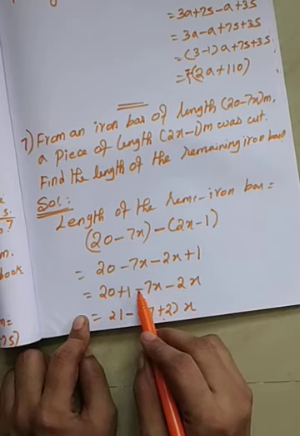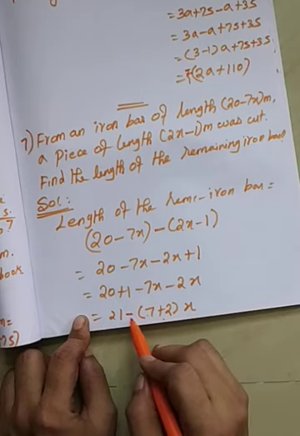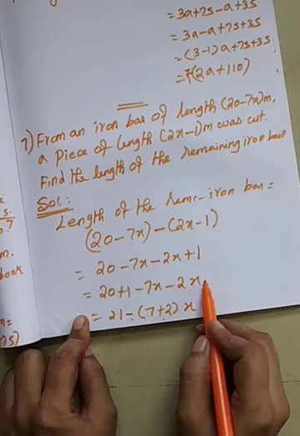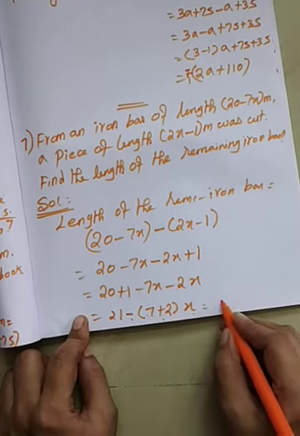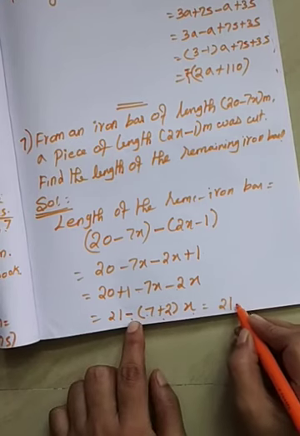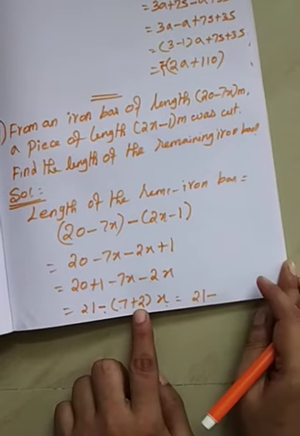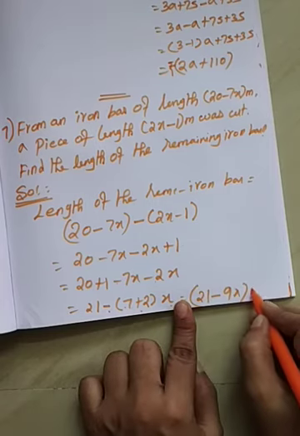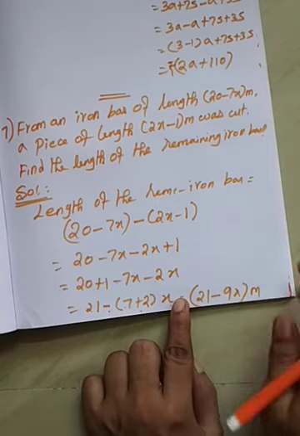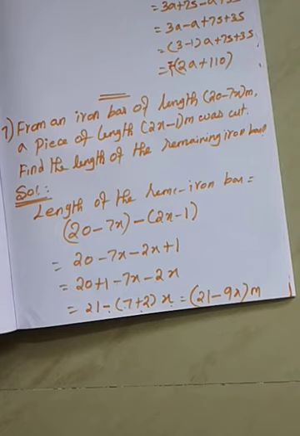See here, minus is the common value, so you have to take the common term, minus of x. That's why you have to write 7 plus 2. Then 21 minus, what is 7 plus 2? 9x meter. So this is the length of the remaining iron bar. Okay. Thank you.